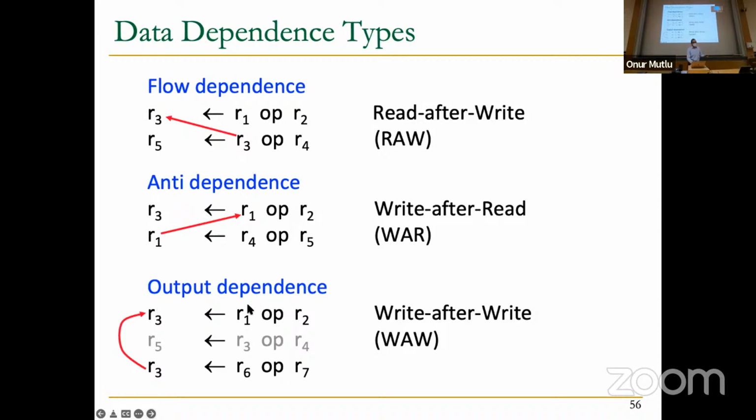So output dependence is also very similar to anti-dependence. For example, here, this instruction is writing to R3. It's read by some other instruction, but look at this other instruction. It's also writing to R3. It's write after write. Again, technically, these instructions have nothing to do with each other, right? I also mentioned that they are not dependent on each other in some transitive way through other instructions, as you can see.